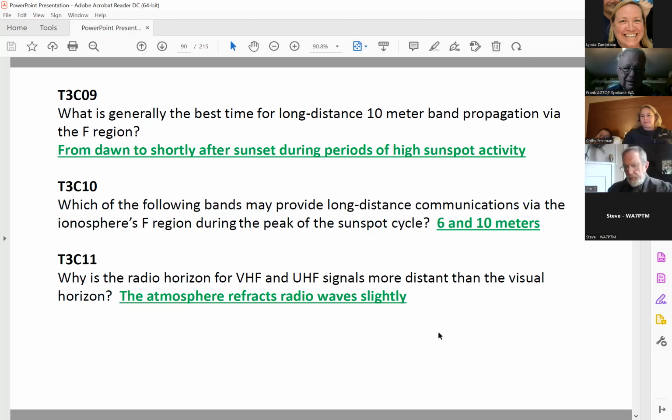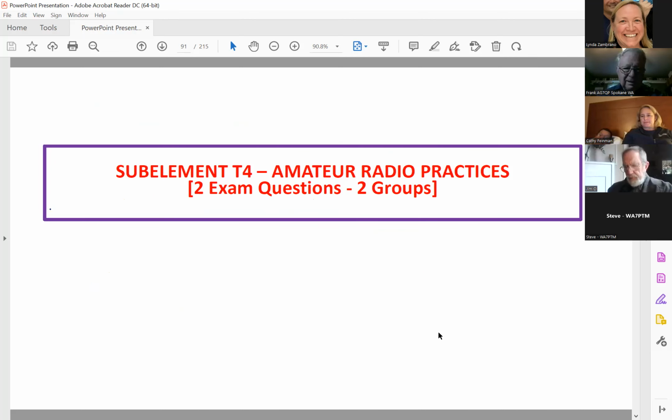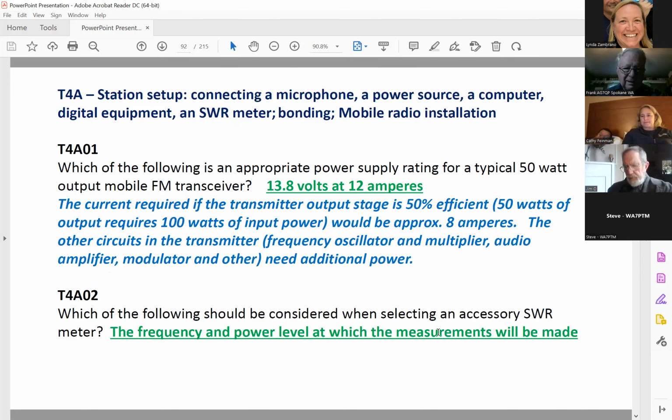Nothing else on propagation. On amateur radio practices, there's two questions. A lot of this goes back to the technology that you're using. For example, which one is the appropriate power supply rating for a typical 50-watt output mobile FM transceiver? 13.8 volts.